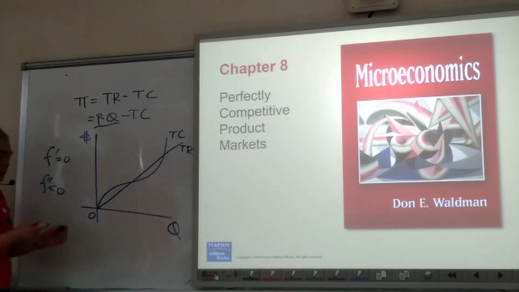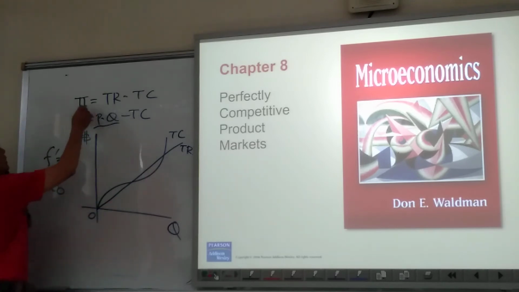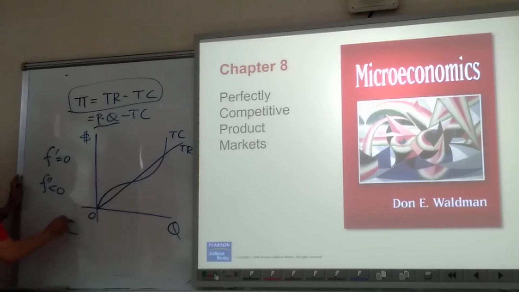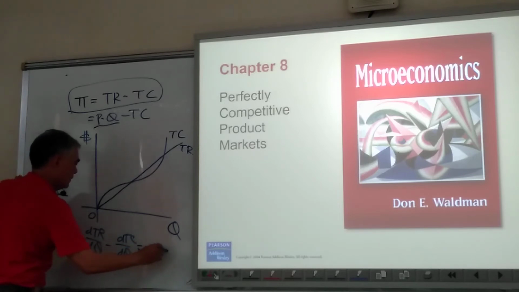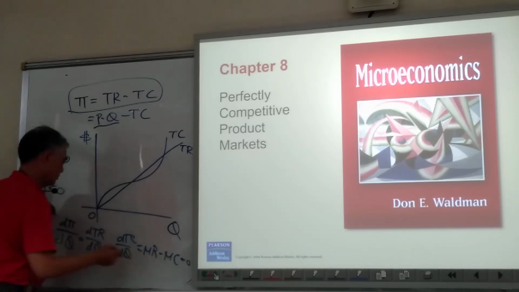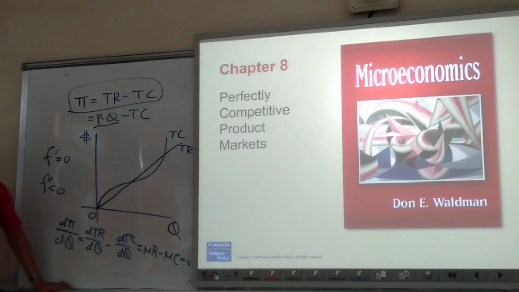So you have d pi/dQ equals dTR/dQ minus dTC/dQ, which equals marginal revenue minus marginal cost, and this must be equal to 0. So this is the first order condition. Questions? This is from calculus.